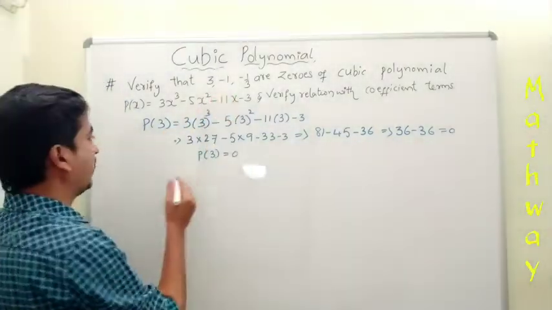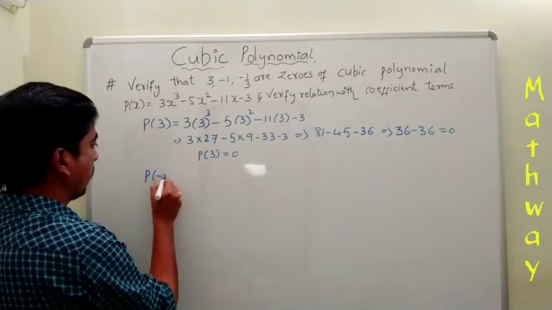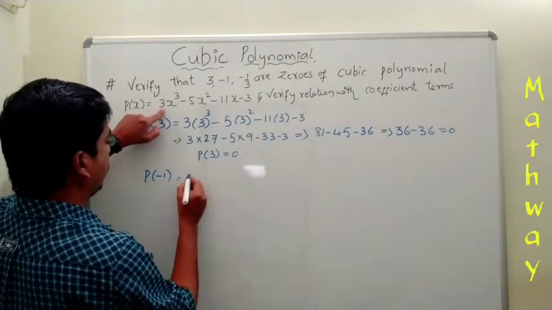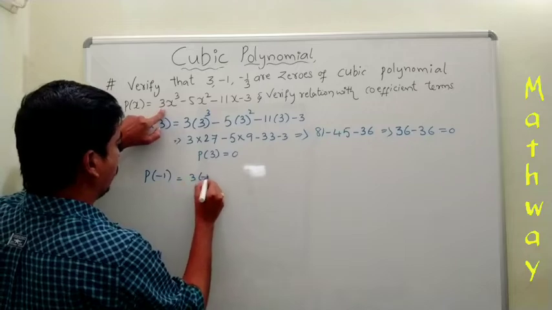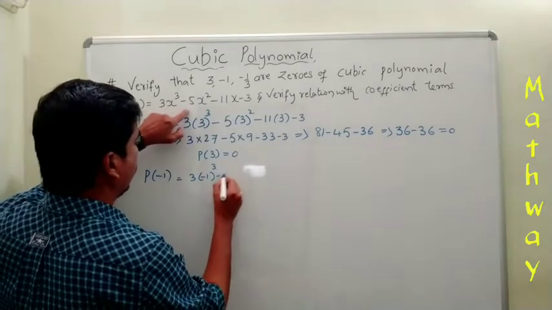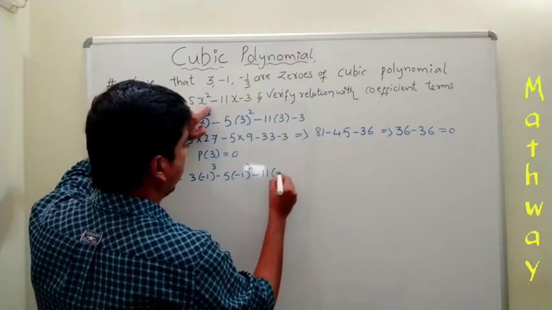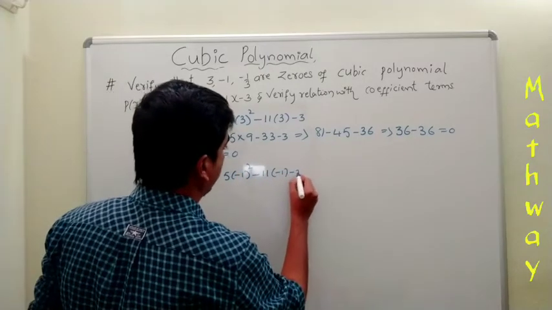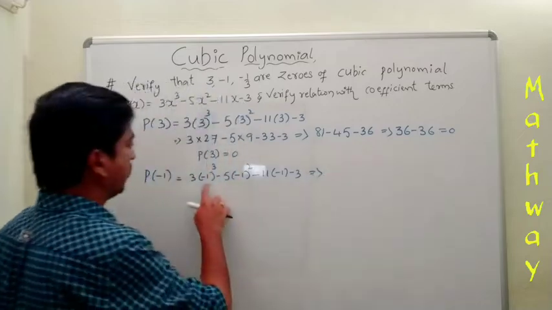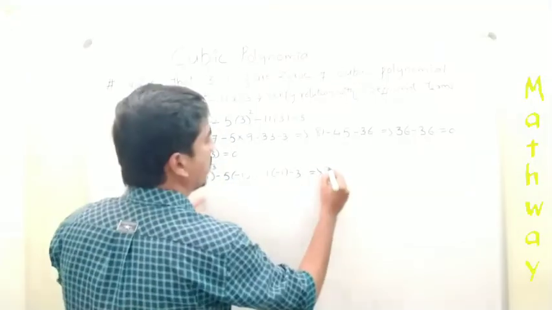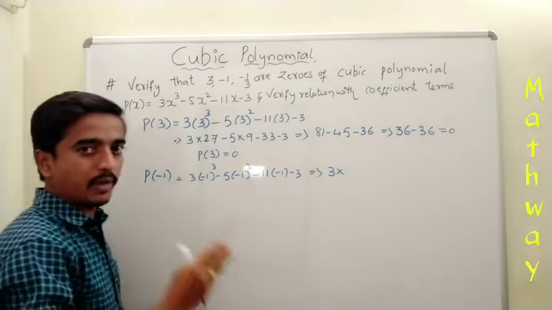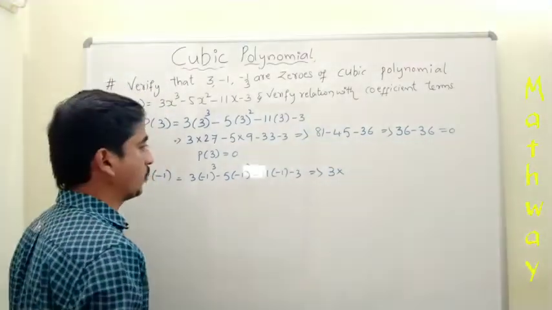Let us check the second number, that is p of minus 1. Substitute here. Then 3 of minus 1 cube minus 5 of minus 1 square minus 11 of minus 1 minus 3. So by expanding this, minus 1 cube means minus 1 into minus 1 into minus 1, which is minus 1.